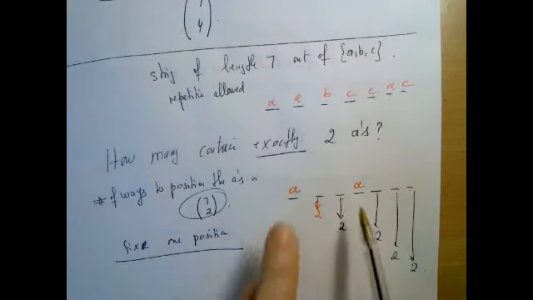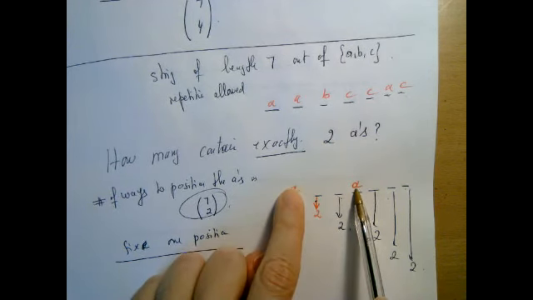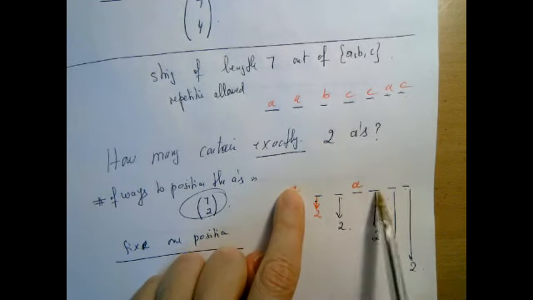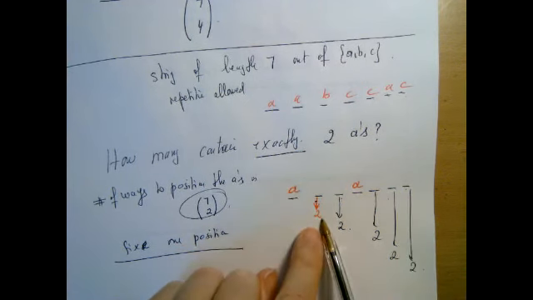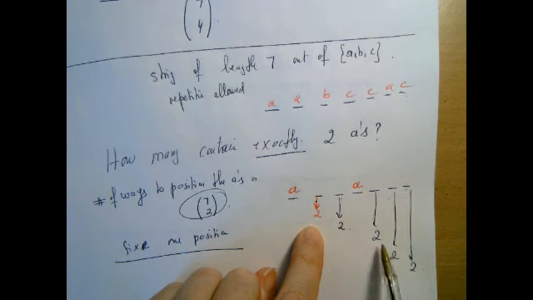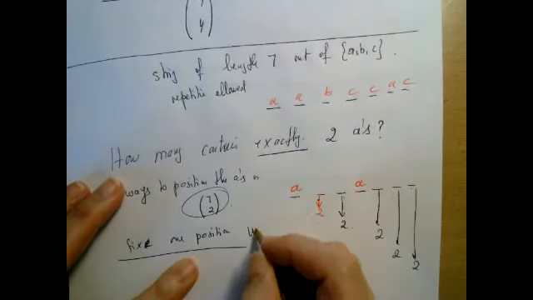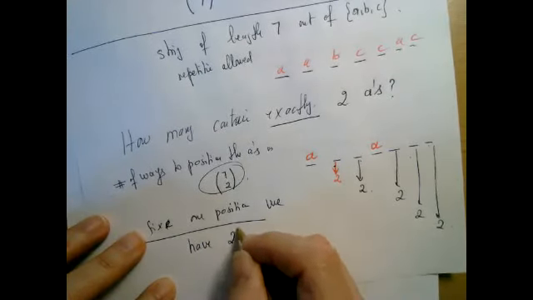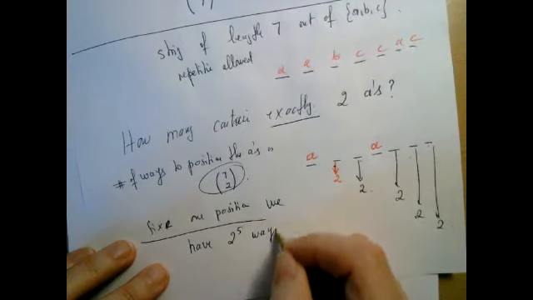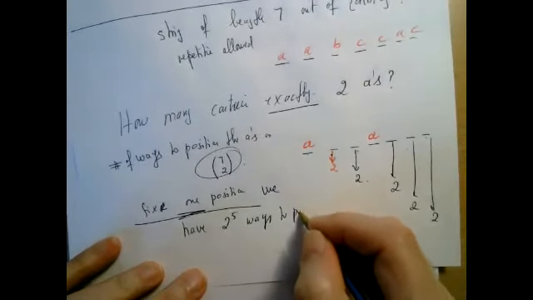So once I position my A's, this is my problem now. I don't have to worry about those anymore. In how many ways can I put the B's and the C's? Repetition is allowed, so 2 times 2 times 2 times 2. For a fixed position, we have 2 to the power 5 ways to put the B's and the C's.